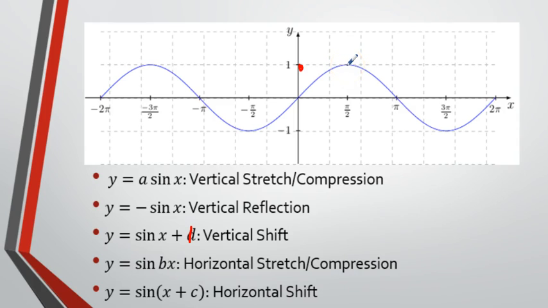This one has a height of 1, but I'm adding 1 to the height, so it moves it up to 2. This is 0 plus 1. This height is -1 plus 1. So the effect of sine of x plus 1 takes the entire graph and it shifts everything vertically once. Now, if I had been subtracting 1, then it just would have taken all those heights and taken 1 away and moved it down instead.